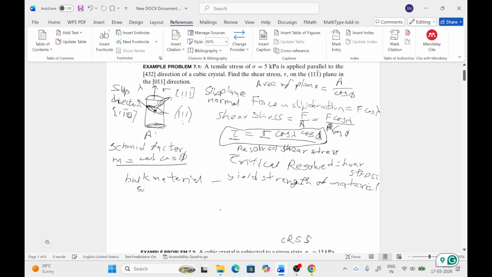But for a single crystal, we say critical resolved shear stress, CRSS. This is equivalent to the yield strength for a single crystal.